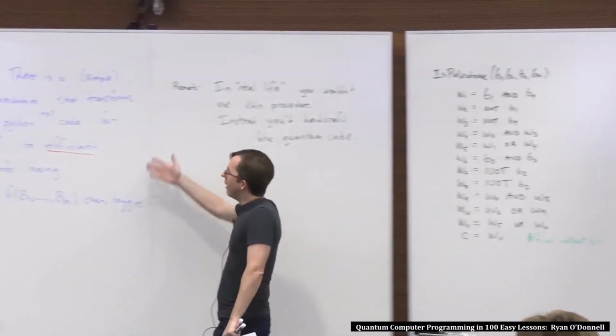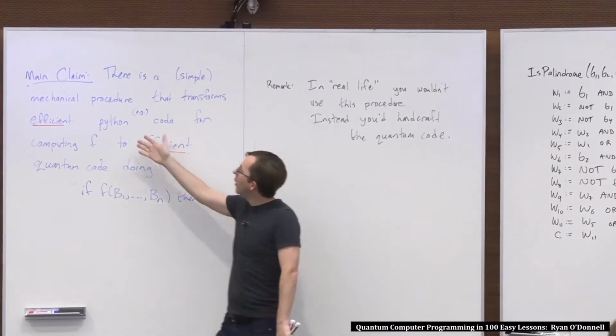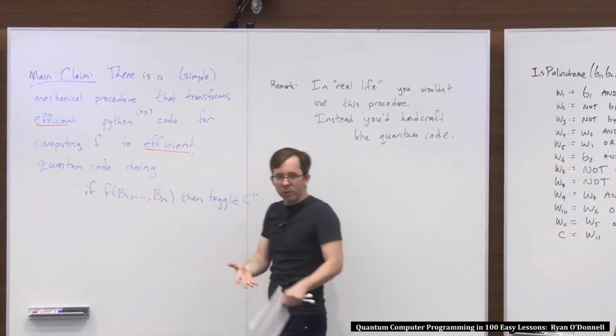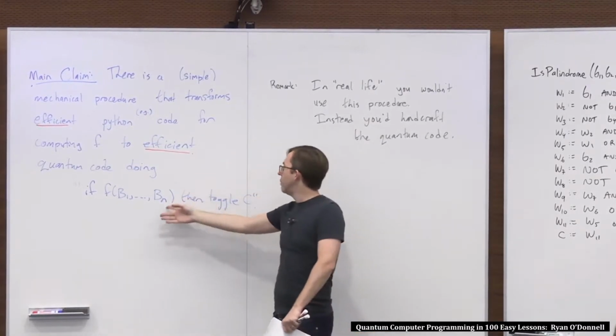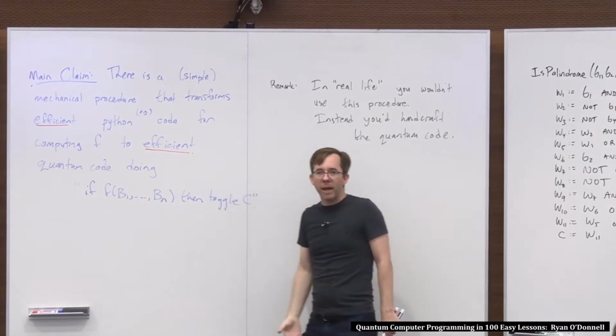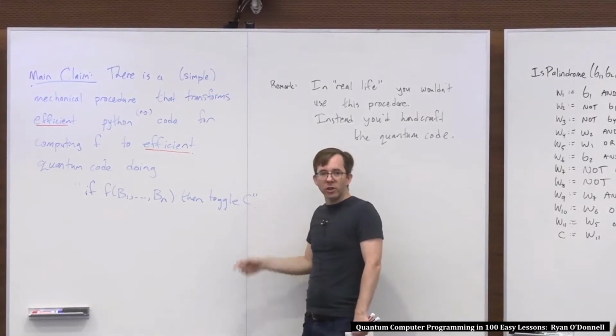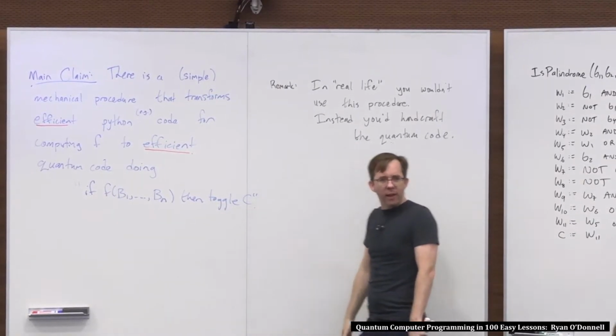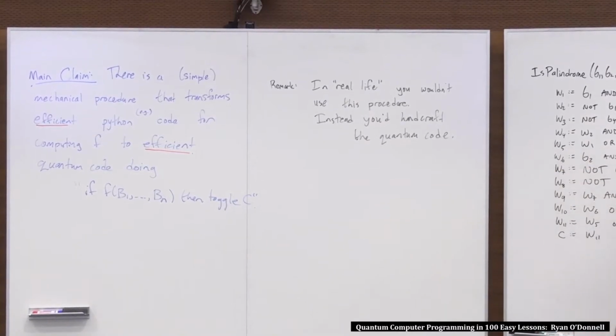This is just to say it's not like that. If your Python code computes f in a pretty efficient manner, then this quantum code will compute this instruction in a pretty efficient manner, using not too many instructions. I'll be a little bit more precise about that later, but I want to emphasize that now.